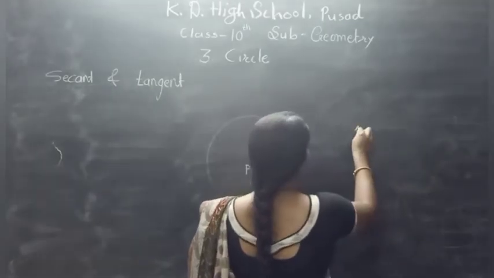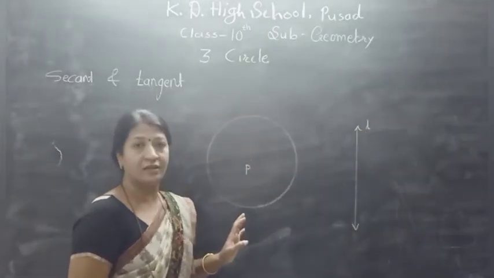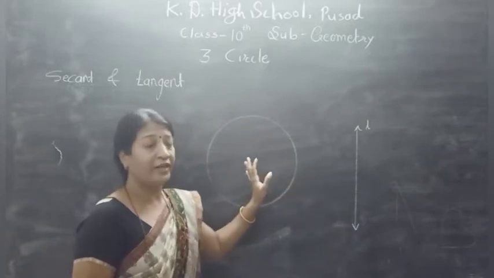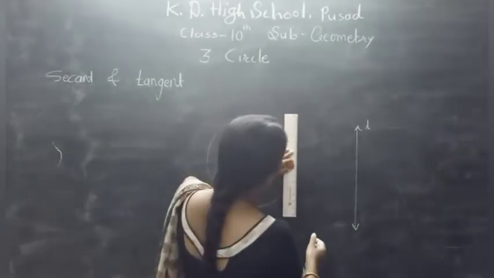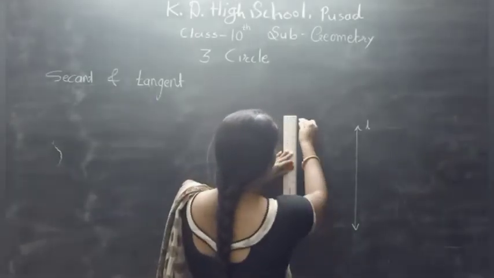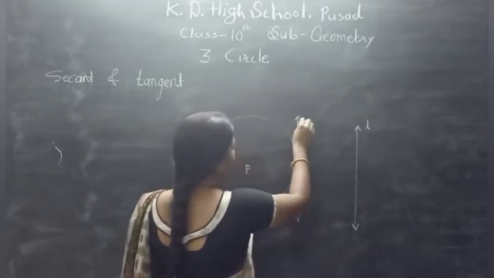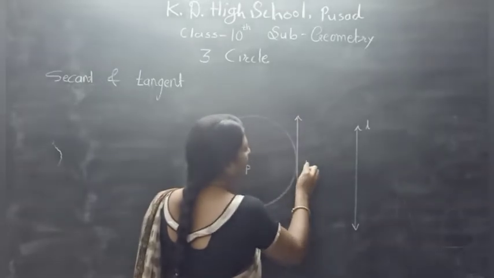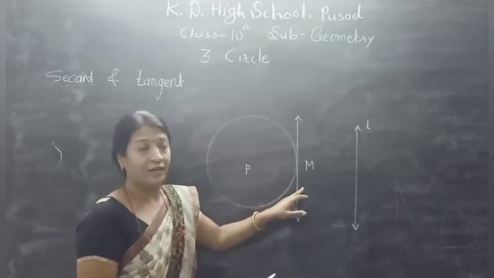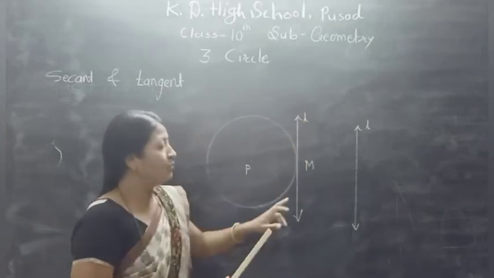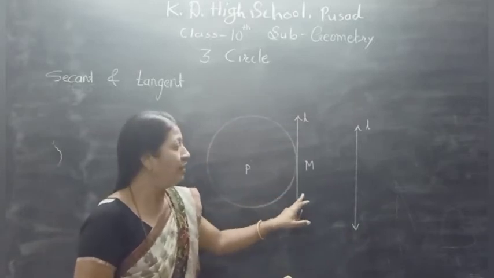We observe that this is the line L which is outside the circle, and there is no point in common to the circle and the line. Now, if we draw a line here, we observe that the point M is common to both the circle and the line. This point M is the common point of the circle and the line L.